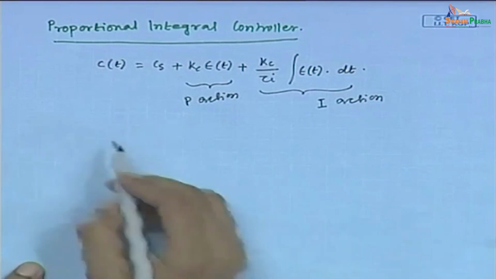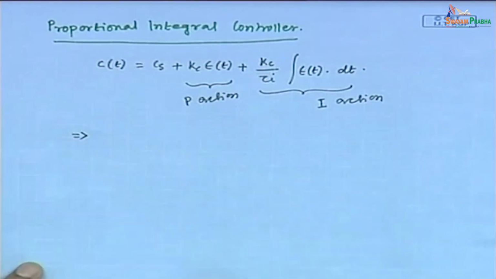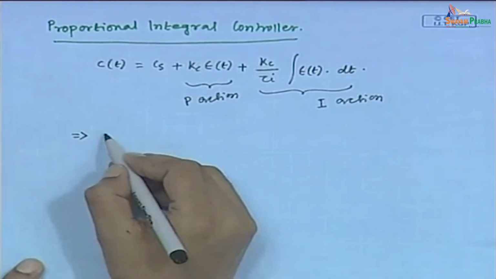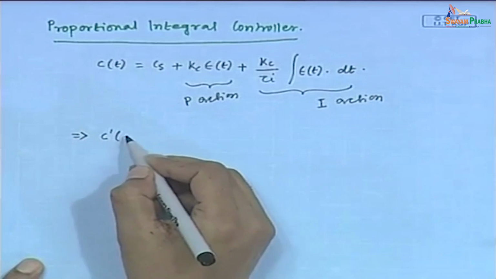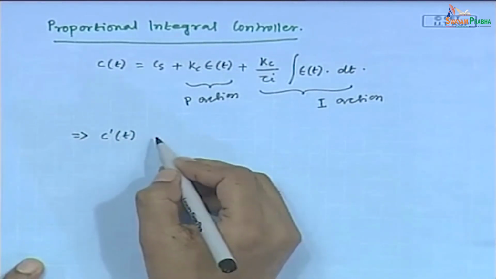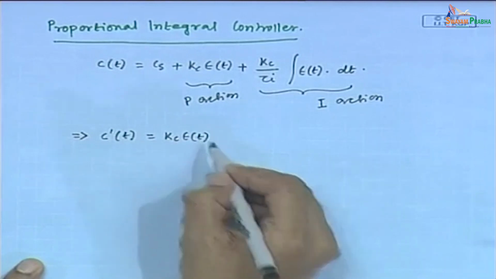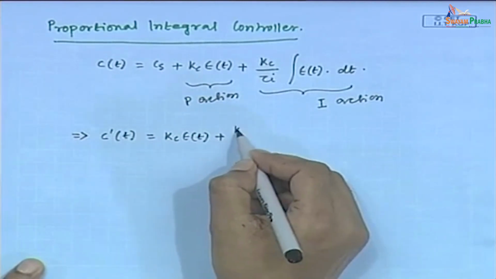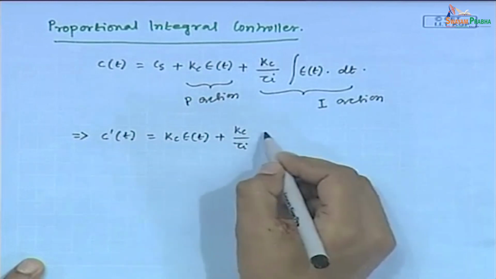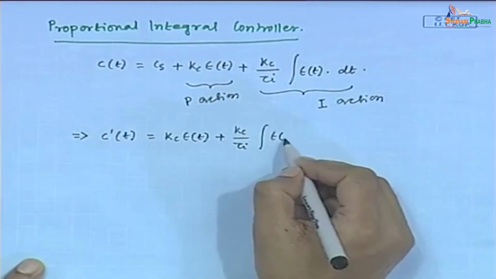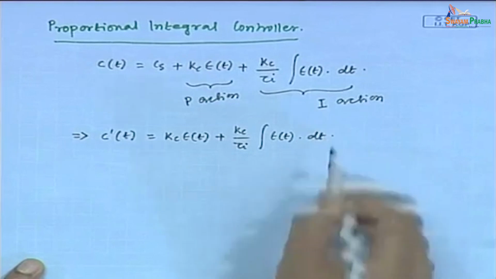Now, we can represent this equation in terms of deviation variables for finding the transfer function of PI controller. Accordingly, we can write C prime(t) equals Kc epsilon(t) plus Kc divided by tau I integration of error(t) dt.